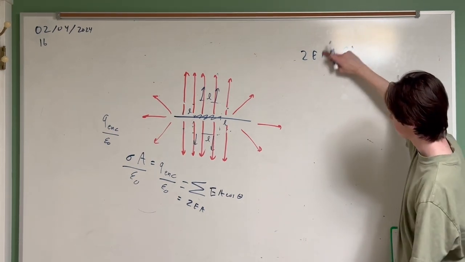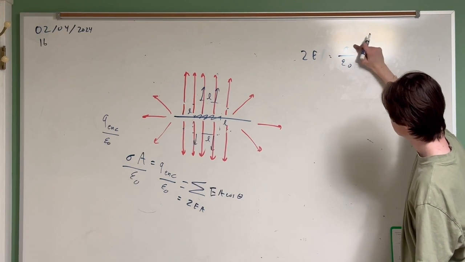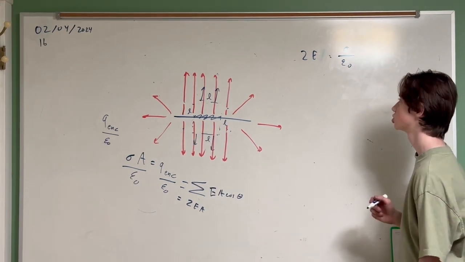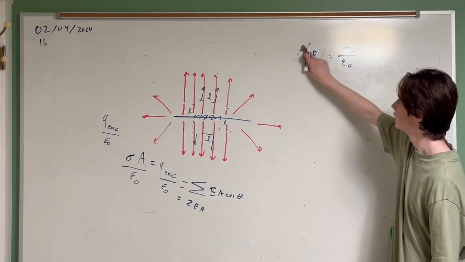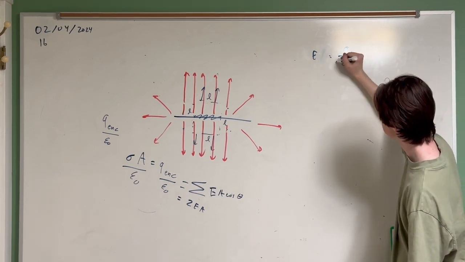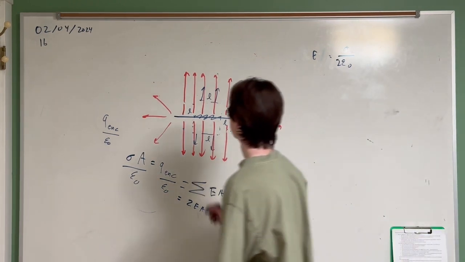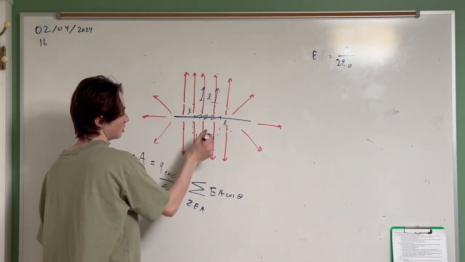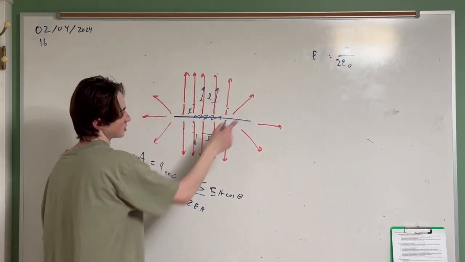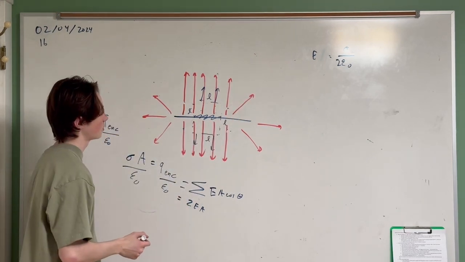And we can cancel out the A's here. 2E equals charge distribution over epsilon naught. And now the electric field equals charge distribution over 2 epsilon naught. So anywhere in this, or on the edges of the Gaussian surface, that's going to be the electric field value.